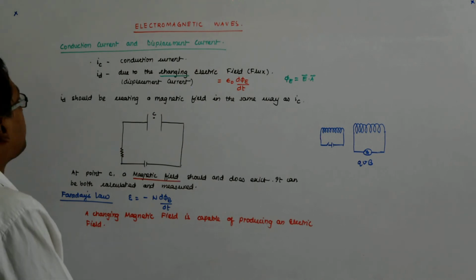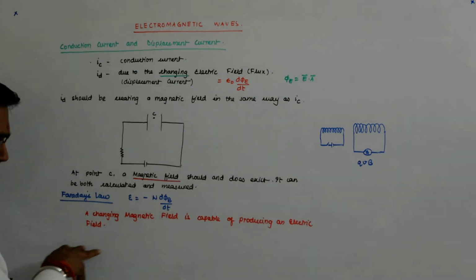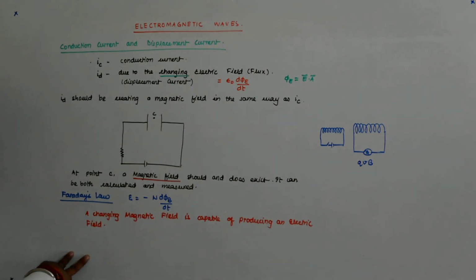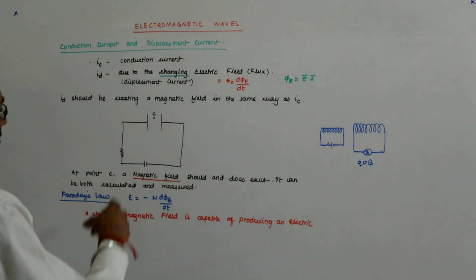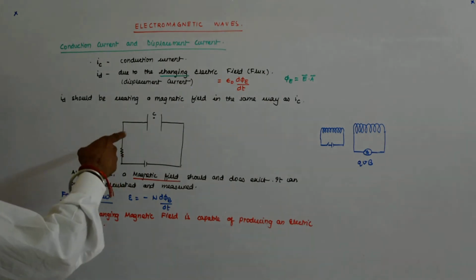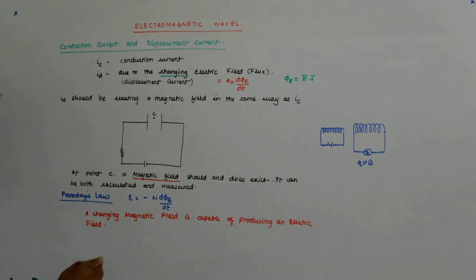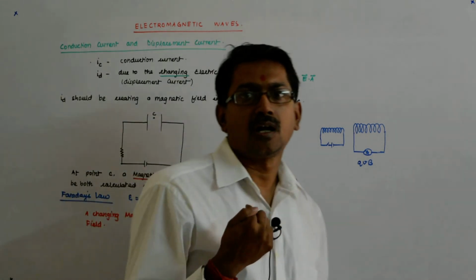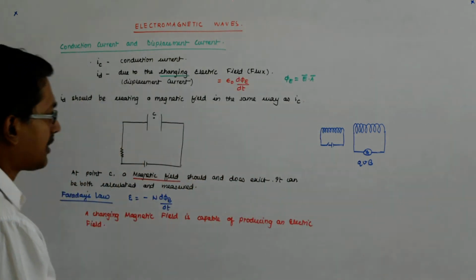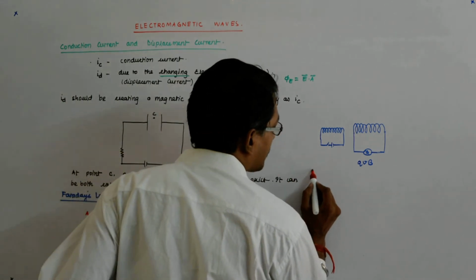And this is my magnetic field producing an electric field. Fine. What is the impact of this? There is a changing electric field which produces a current, which produces a magnetic field. So I can say that Maxwell's law gave me this.